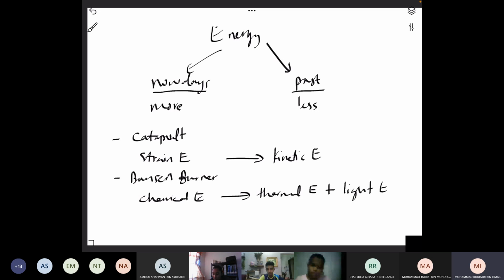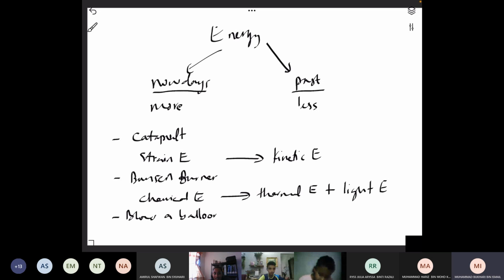When you blow a balloon, what energy transfer is that? Chemical energy? Where does chemical come from?